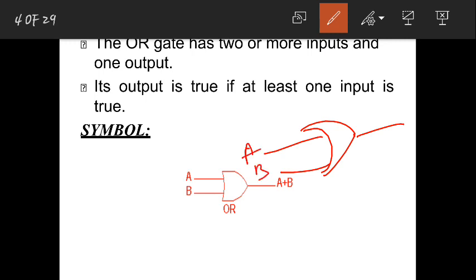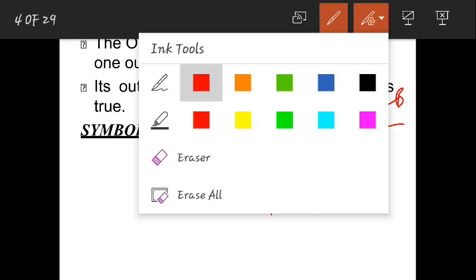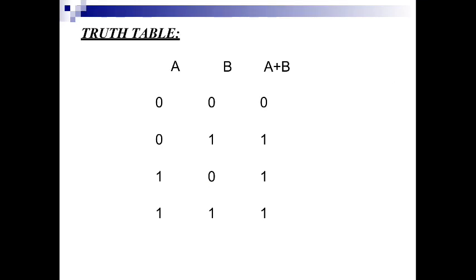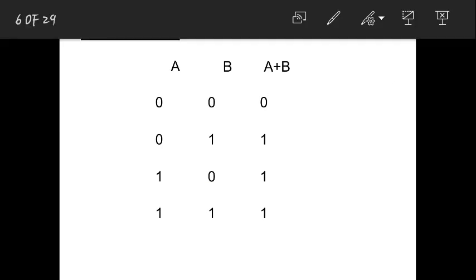Here you can write any variables; it doesn't mean you should write only a and b, you can write x, y, whatever it is. But when you write the OR operation, you also need to write what the output is equal to. If you take the output as y, then write y is equal to a plus b. You need to write all these, only then you will get full marks. And with that you should also write the truth table, which is very important.